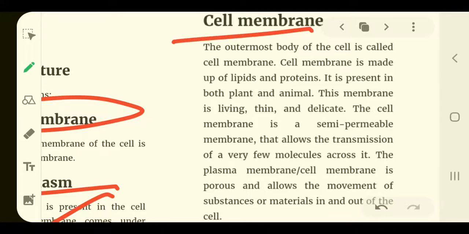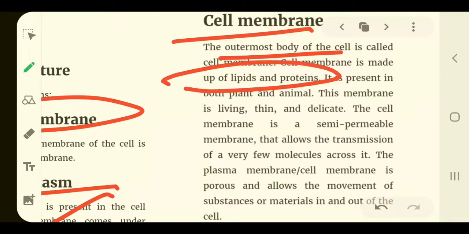The first is the cell membrane, and this cell membrane is the outermost part of the cell. It is made up of lipids and proteins. Underline it. It is made up of lipids and protein. It is very thin and delicate. So write down these terms in your notes.